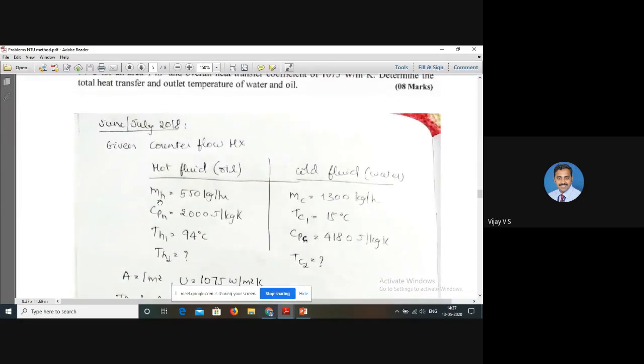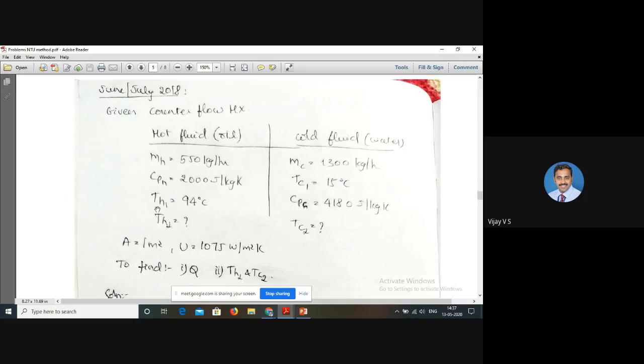For the hot fluid, the mass flow rate they have given is 550 kg per hour, specific heat 2000 joules per kg Kelvin, inlet temperature 94. It is cooled by the cold fluid, that is water. Mass flow rate 1300, temperature 15 degrees centigrade, specific heat 4180 joules per kg Kelvin.